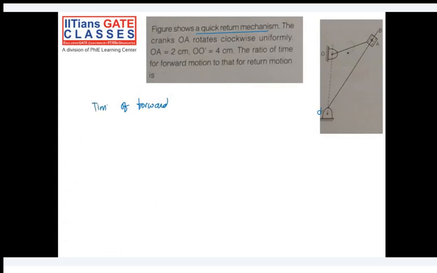Time of forward motion, time of return motion.